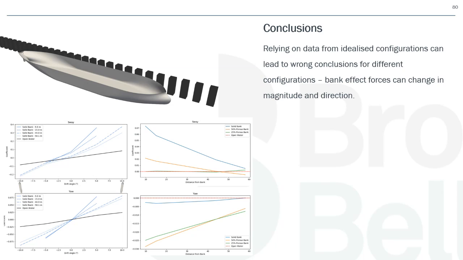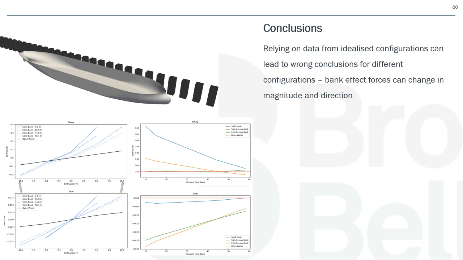Which is something we saw with the yaw moment increasing as you reduce the porosity or reduce the solid bank. It's something that you wouldn't pick up on relying purely on model tests, that you can actually increase your yaw moment when you have a non-solid bank.